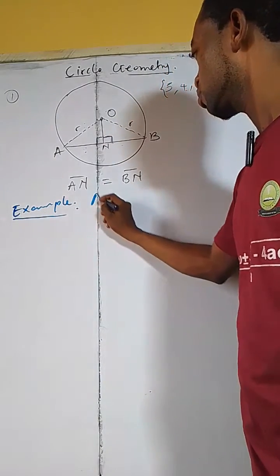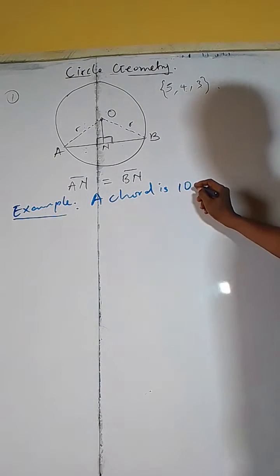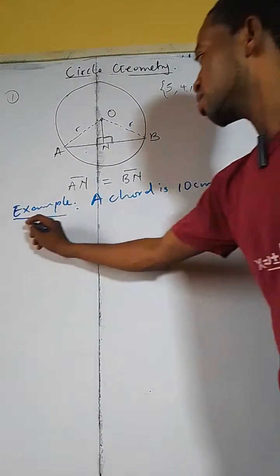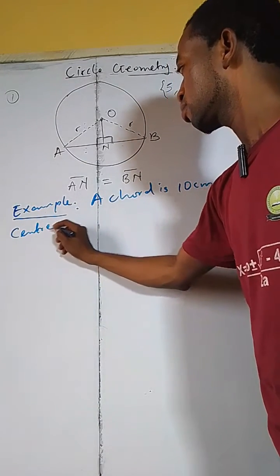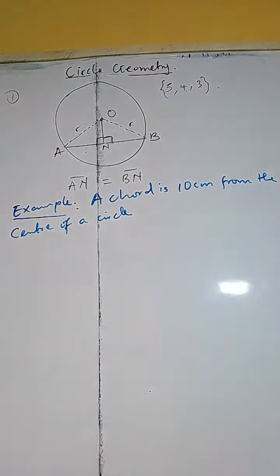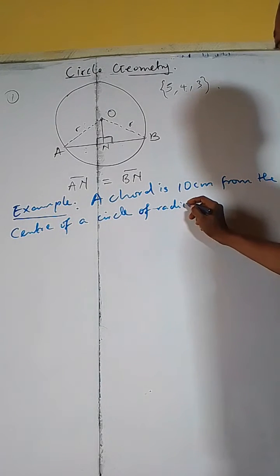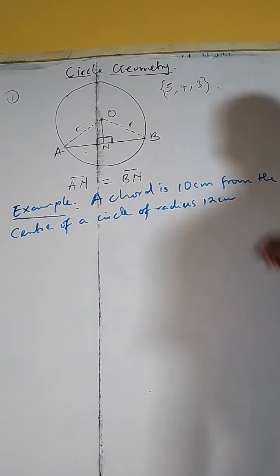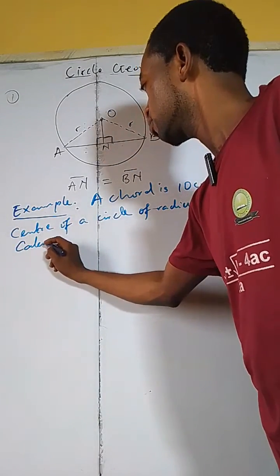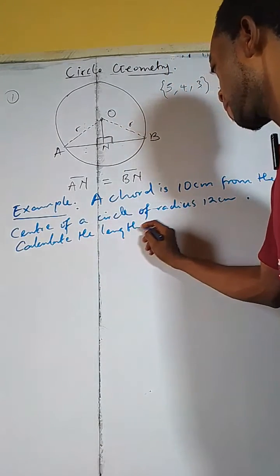A chord is 10 centimeters from the center of a circle of radius 12 centimeters. Calculate the length of the chord.